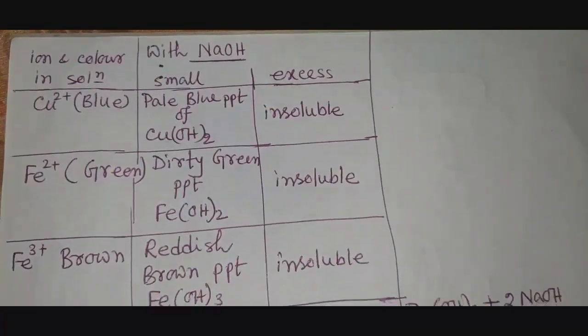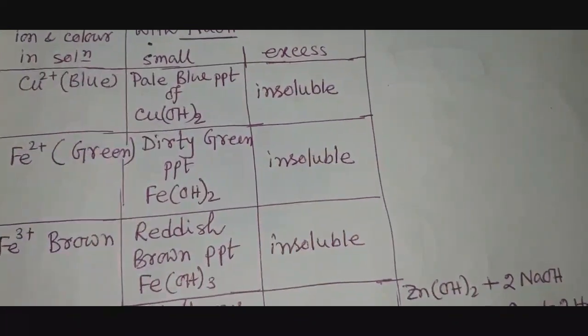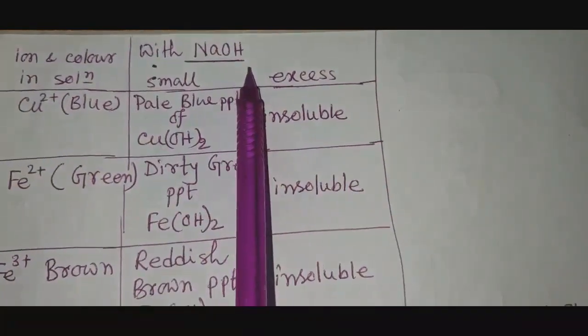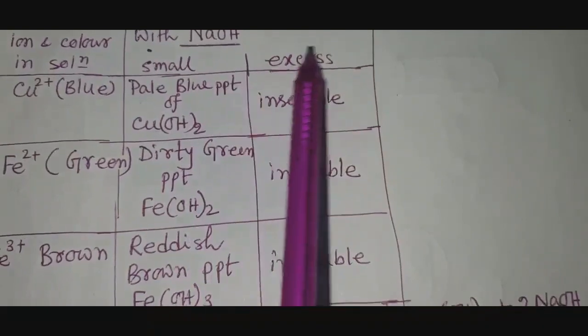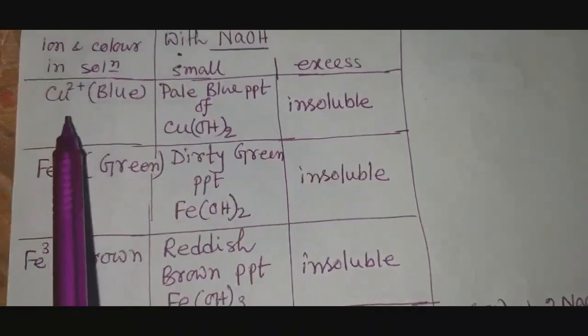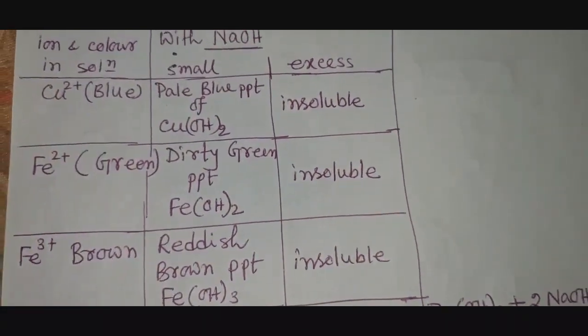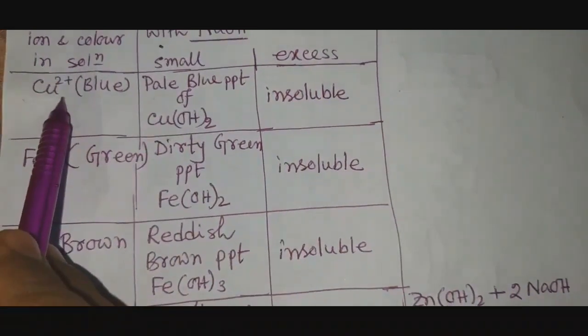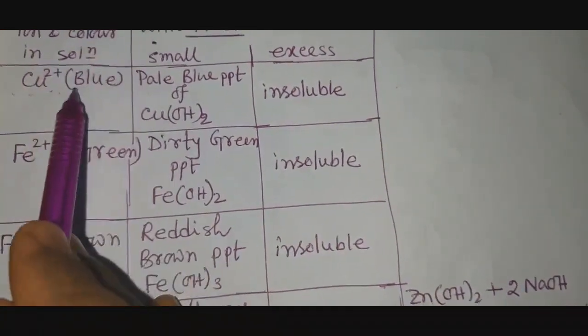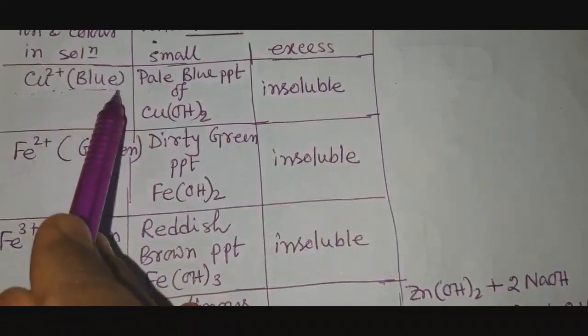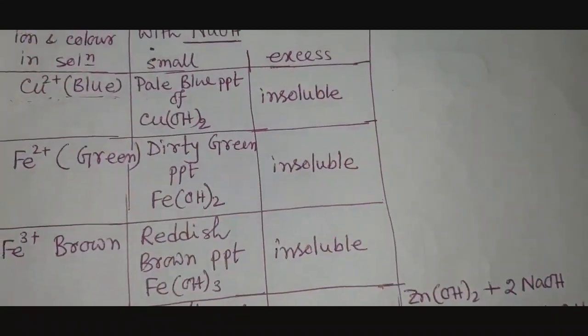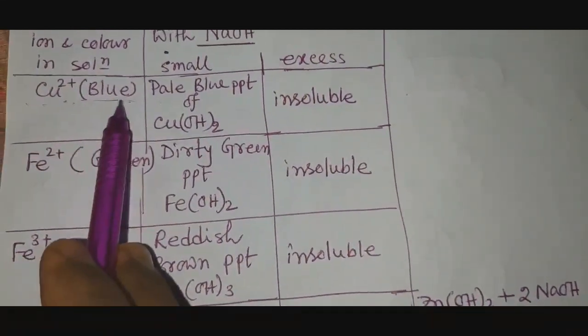Now I will explain what happens if we take all these solutions and add sodium hydroxide, first in small quantity, then in excess. First I have written about copper. Generally a copper salt solution has blue color. If I take any copper solution, it may be copper nitrate or copper sulfate, they have blue color.